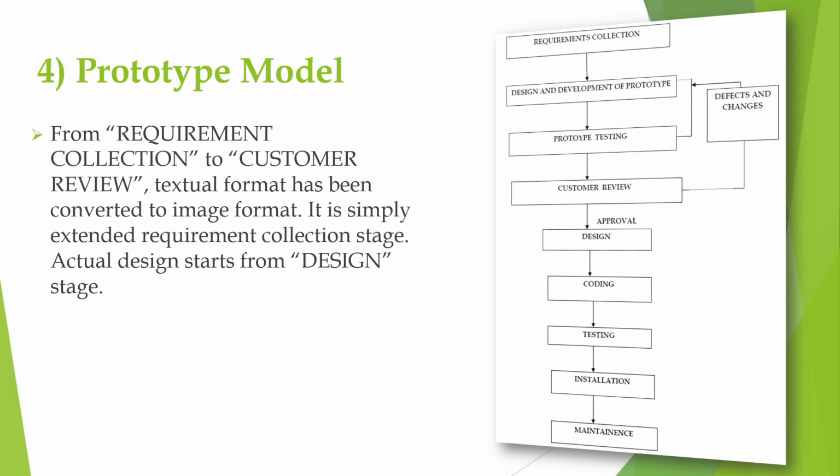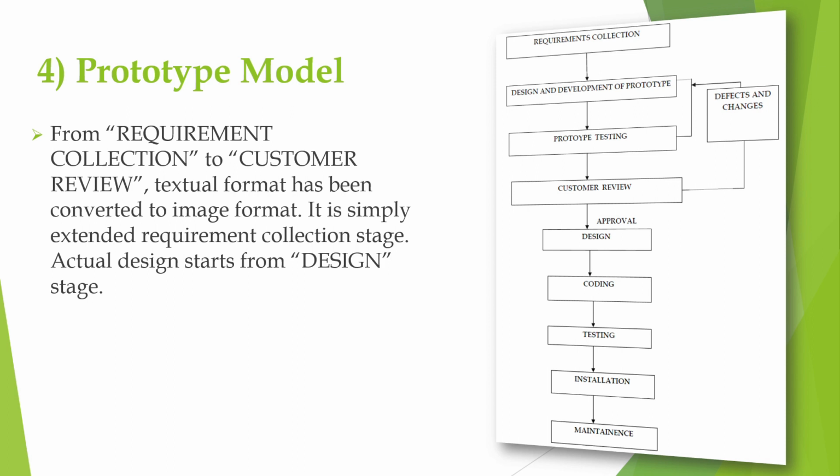The testing team will start testing the prototype of the product. If they find any defect, they will report it back to the development team. The development team will fix the defect in the prototype, and again send it for testing. This process will continue until the testing team certifies that the prototype is good to move to the next stage.